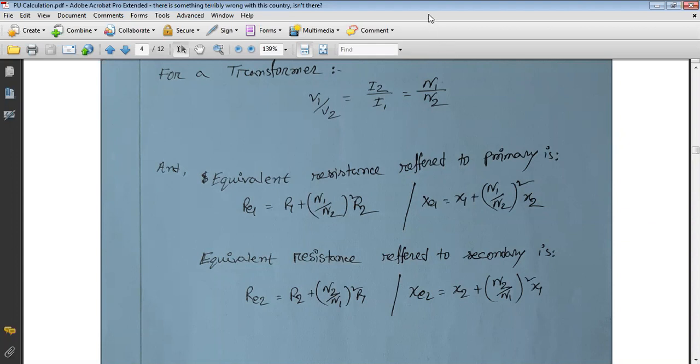But whenever we represent the reactance or impedance value of a transformer by the per unit value, then this per unit impedance or reactance of the transformer is same regardless of whether we refer it to primary or secondary. So this is a huge advantage. We don't need to think about the per unit reactance value of the transformer, whether it is in the primary portion or the secondary portion.